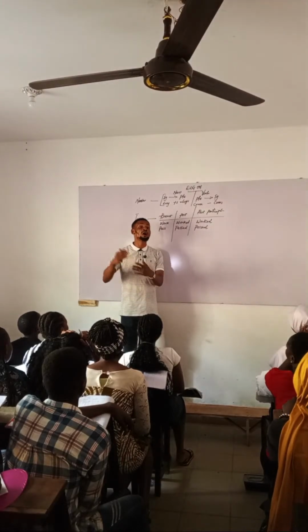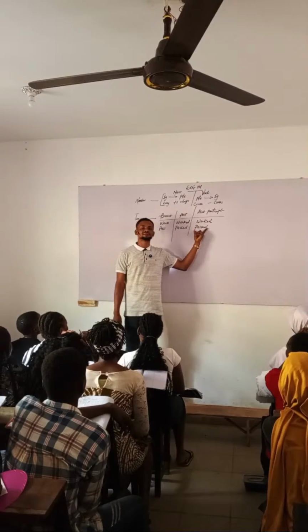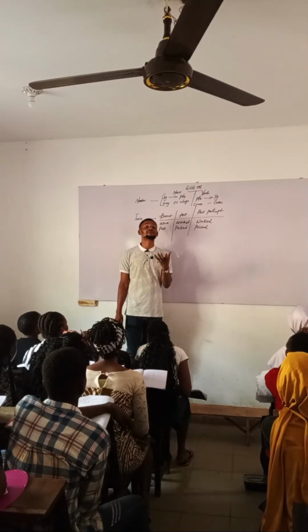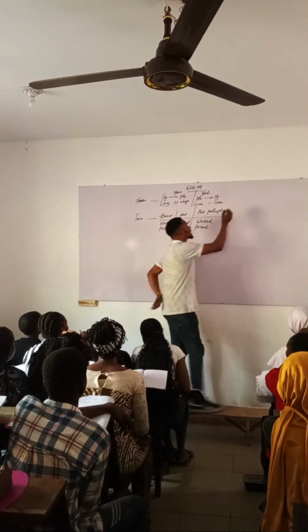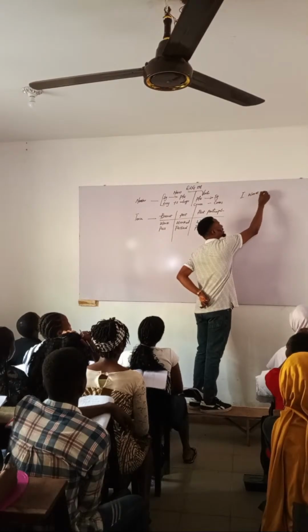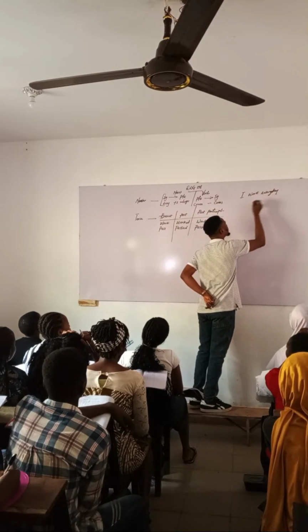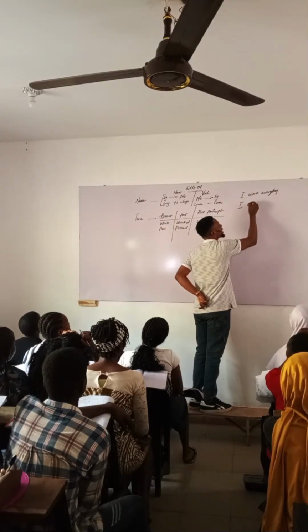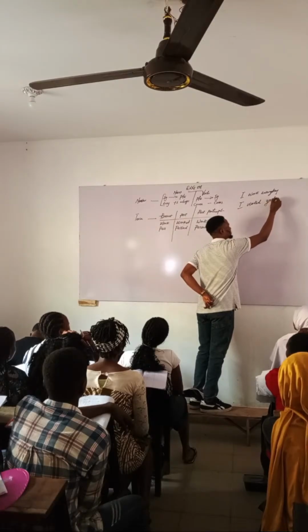Perfect or past perfect. So this form is what you have usually after the form of the verb to have. For instance, if you have: I work every day. I worked yesterday.